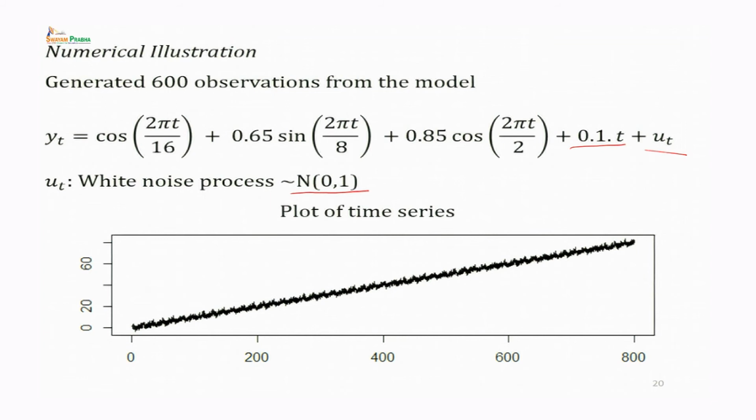So, the model has terms of different periodicities as well as a linear trend, and then we have plotted the time series here, and you can easily identify the linear trend present in the time series.